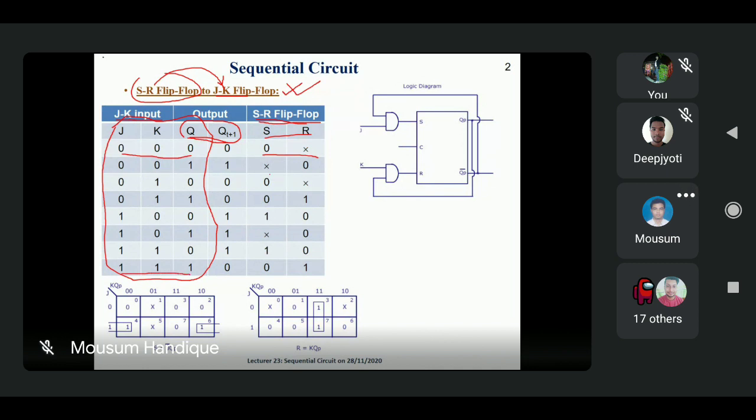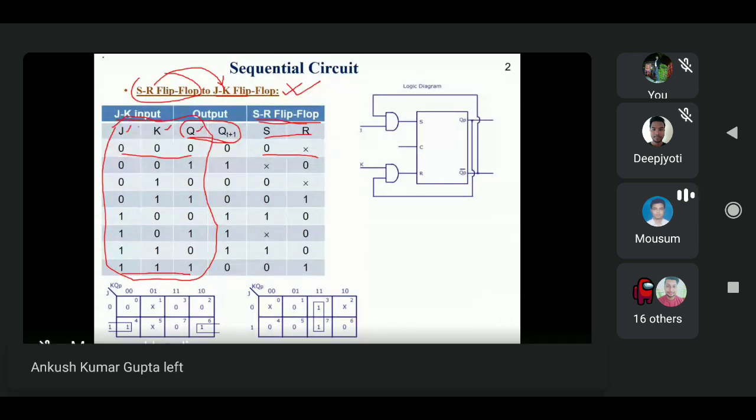Okay. So when we are getting J, K and present state, then what happens? From the JK state table, we can easily get the next state.